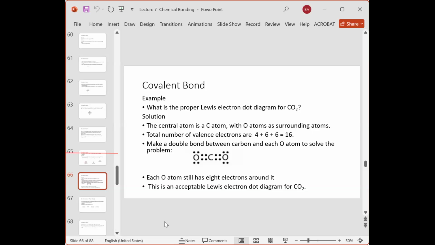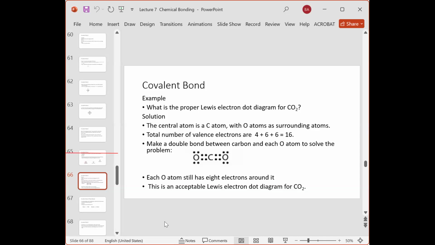If you put 2 here and 2 here, and then you put 2 and 2 on the oxygen, then the rest of them you just have to bond between carbon and oxygen. Put 2 here, another 2 here. So that will be a double bond for carbon and oxygen, on each side. All right, so you take a look at it.